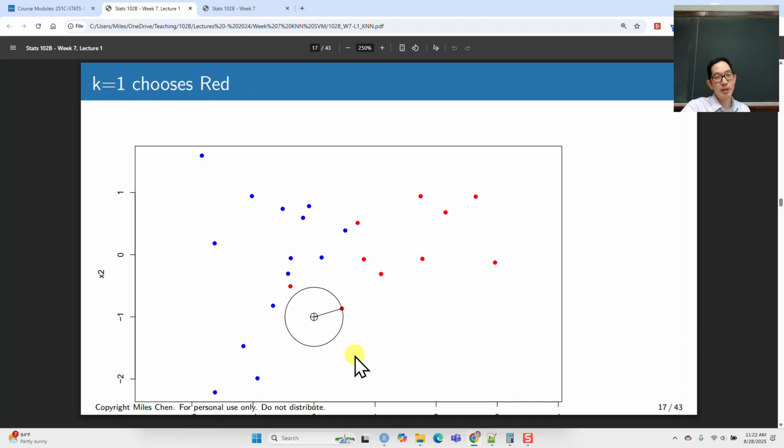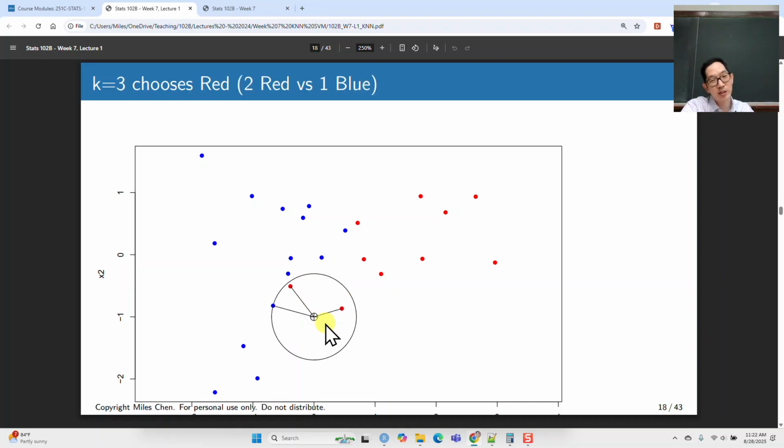But anyway, if K is 1, this is my one nearest neighbor, and I've drawn a circle around it from the test case. You can see that there's no point closer than this red dot, so it's going to classify as red. With K equal to 3, these are the 3 nearest points.